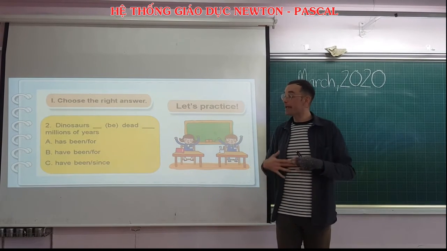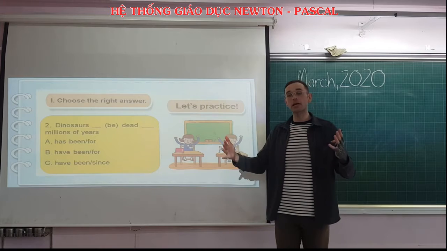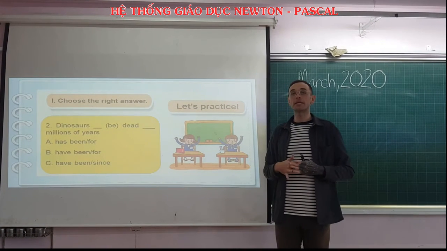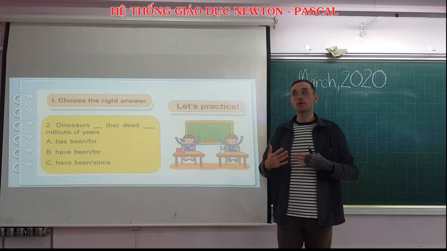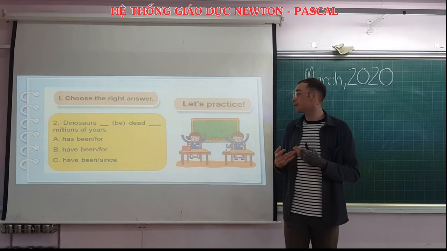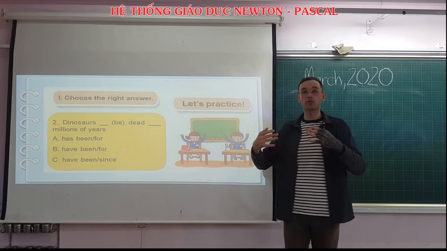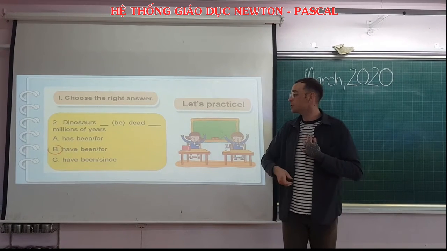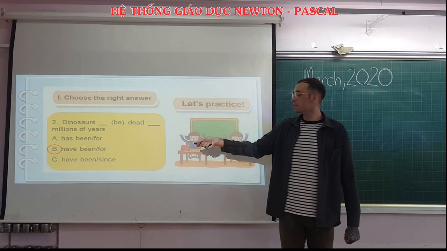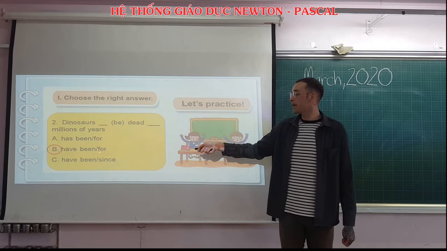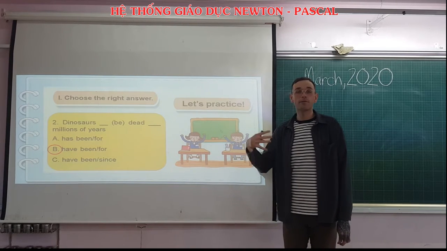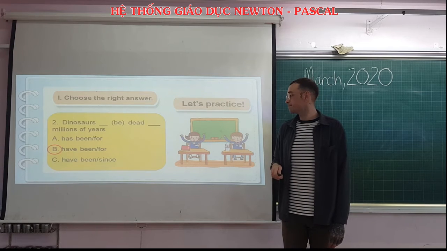Well, the answer is that indicates a length or duration of time. If we said millions of years ago, then that would be the start or beginning of something. But we are only talking about duration of time. So we want to use the word for. So here we have our past participle for be, been, and we have for. So dinosaurs have been dead for millions of years.